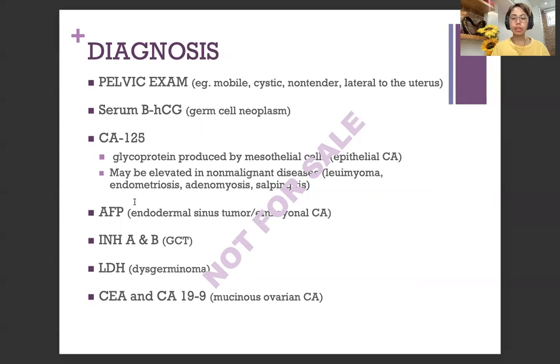Inhibin for granulosa cell tumor, not estrogen, even when the granulosa cell produces or releases estrogen, the measurable tumor marker is inhibin. Lactate dehydrogenase for dysgerminoma, CEA and CA19-9 for mucinous ovarian carcinoma, similar to the lining epithelium of the GI tract.